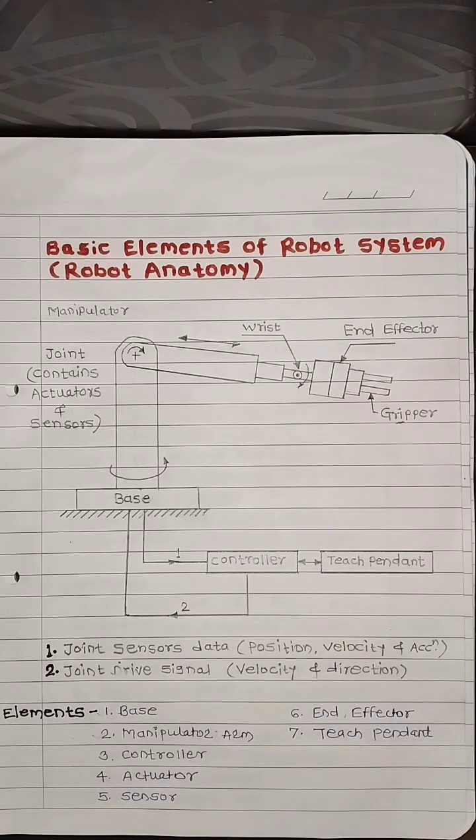Then some speed bars, that is OVRD. There is one command in robotic programming, that is OVRD, which overrides the speed of the robotic manipulator. These speed bars indicate the override speed of the robotic manipulator. Some programmable function buttons are also provided. So this is about the basic elements of the robotic system.